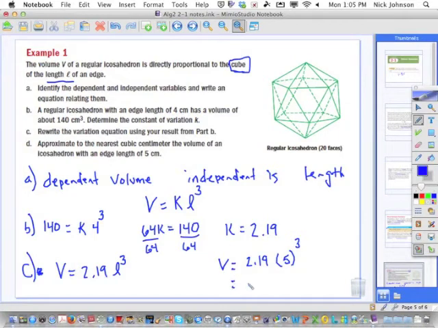You all are going to tell me that is 273.75 centimeters cubed, because we're talking about volume. And all I did was put 5 in for my L. 5 times 5 times 5 is 125 times 2.19. And I get my volume of that object.